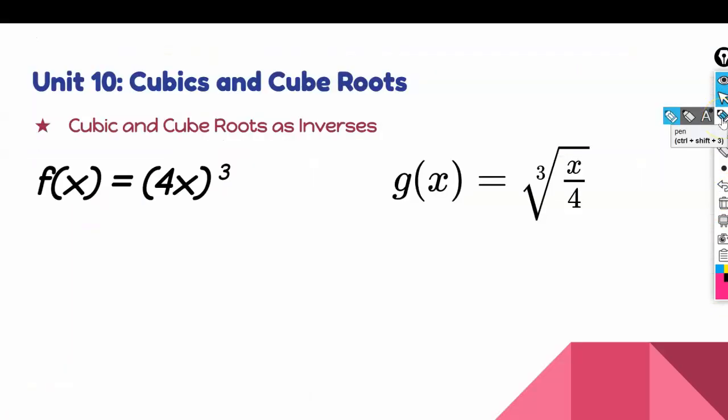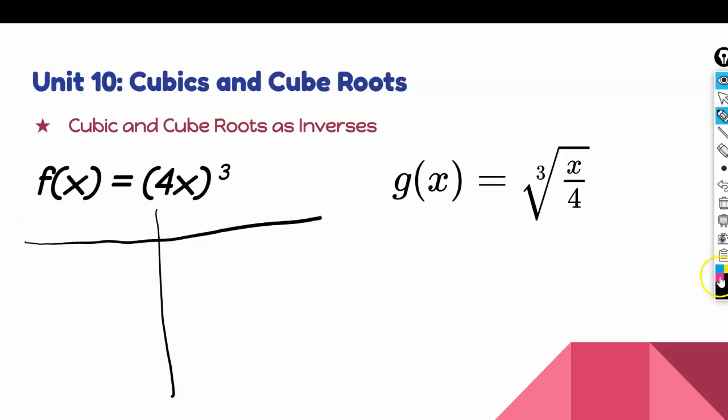On to cubic and cube roots as inverses. All right. Okay. So kind of like what we're talking about with the logarithms, I'm just going to go through the whole opposites thing. So first, I want to look at the things that I'm seeing in the original.